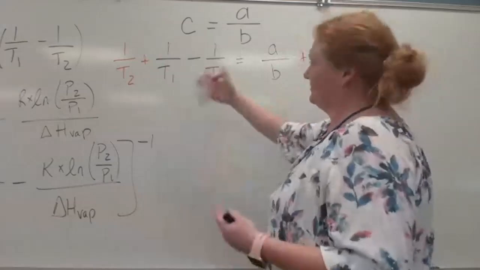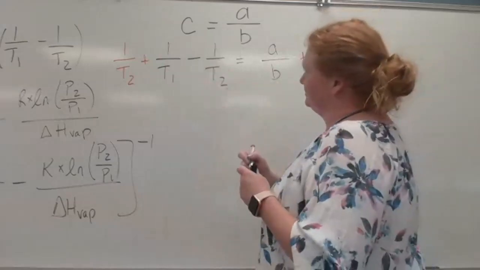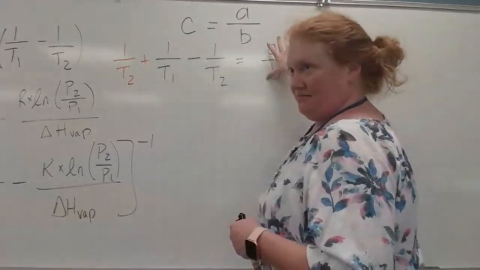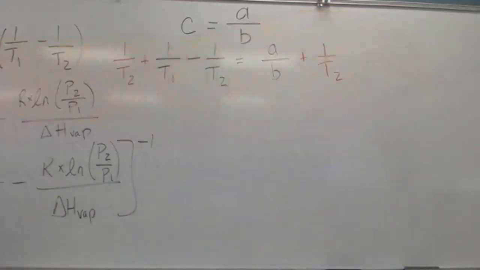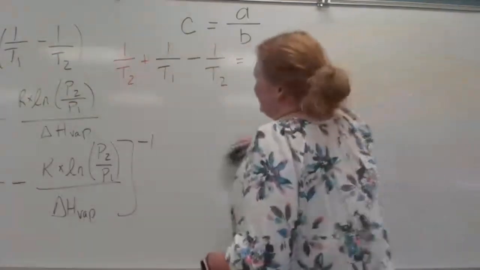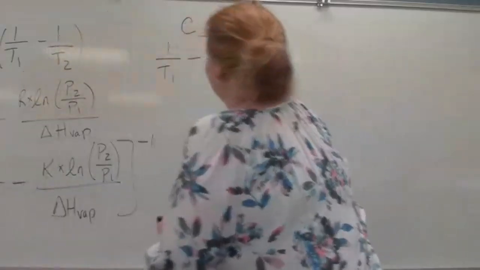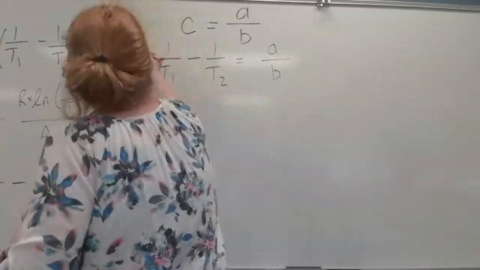Or you can think of it, there's a couple of different ways you can do this. And then I would do this minus this. No, never mind. That's just the way my brain sees it. Let me do something different. You're going to get to the same thing either way. But why don't we do this?